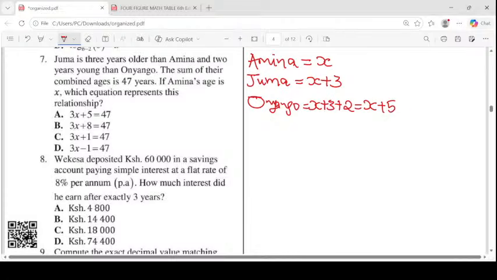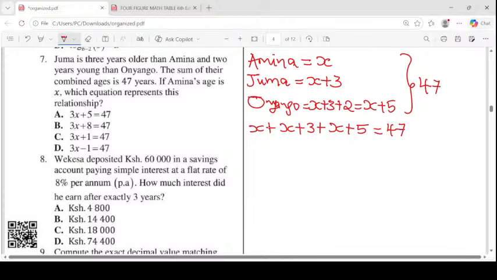The sum of their ages should be 47. So Amina's age x, plus Juma's age x plus 3, plus Onyango's age x plus 5, should exactly give me 47.